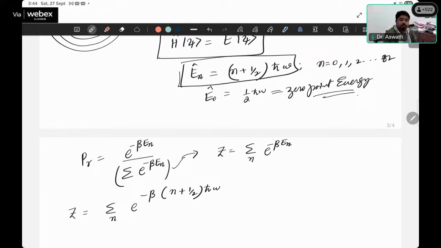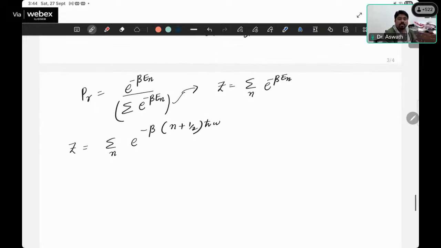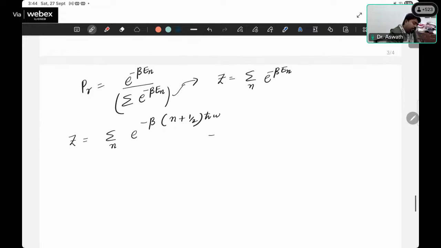I'll go very slow at this point. It's slightly tricky. So I will have exponential of minus beta n h omega times exponential minus beta h omega divided by 2.